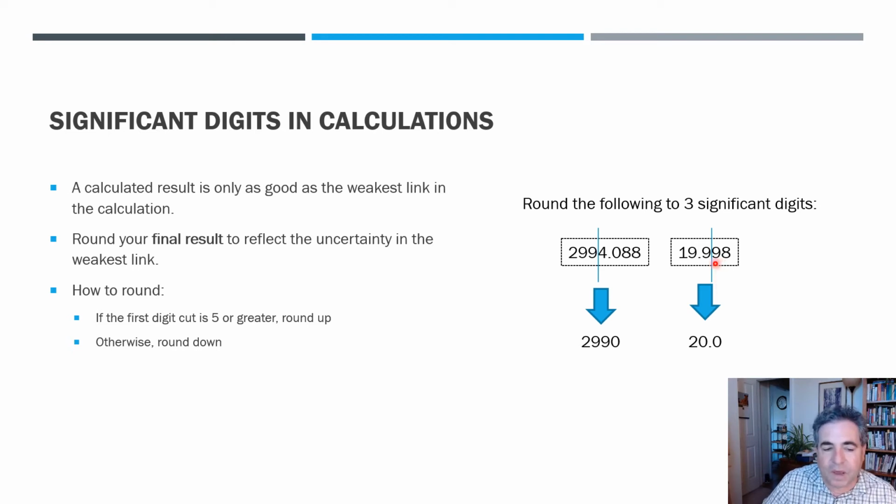That means that I'm going to make this 9 the next digit up, which would be a 10. If I make that into a 10, it's going to carry the 1 here and then carry the 1 there. So I'm going to end up with 20.0. So when I round up, I end up with a number that's bigger than the original. And when I round down, I end up with a number that's smaller than the original. You round up when the number to the right of the cut is bigger than 5.